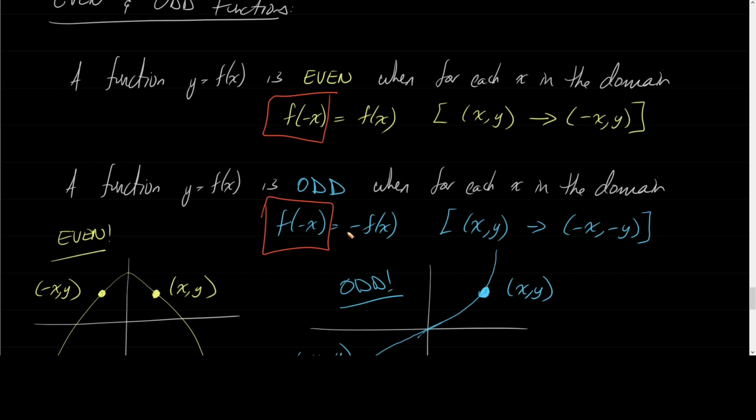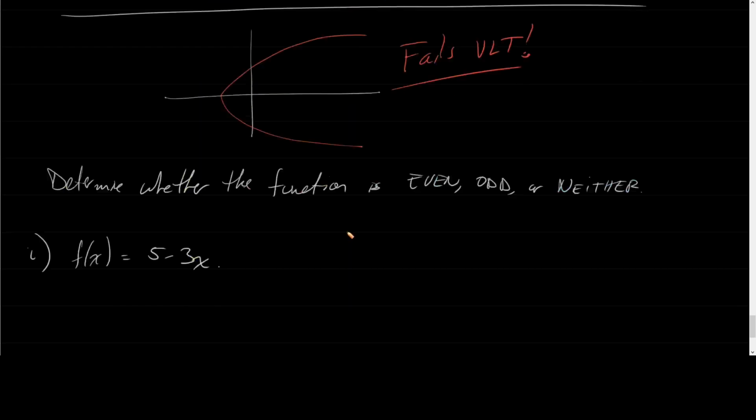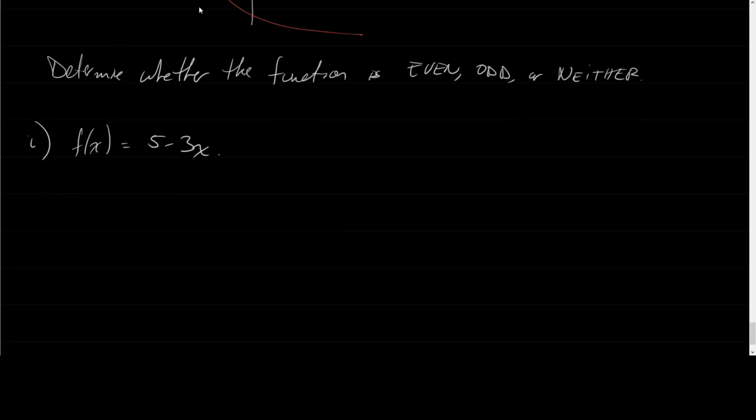So let's see. How will we do this? We start off by figuring out what f of negative x is doing. So what is f of negative x? That would be 5 minus 3 times negative x, which is equal to 5 plus 3x. Notice that this is not the original function. This is not f of x. It's also not negative f of x.